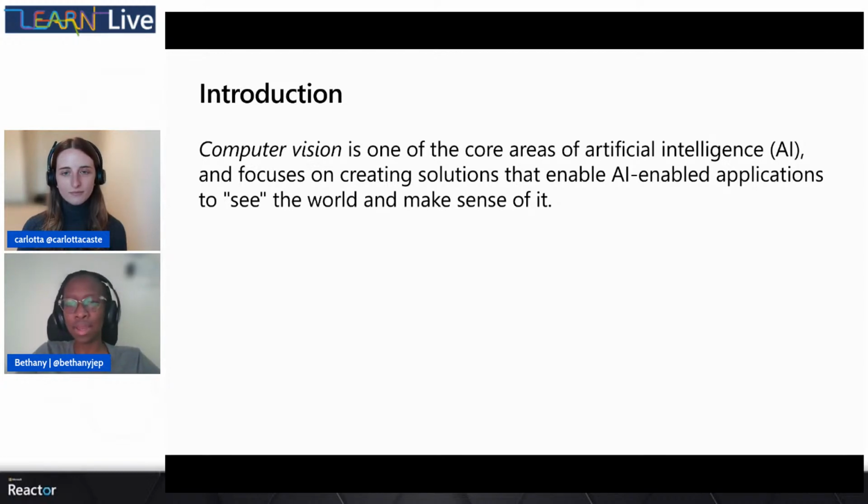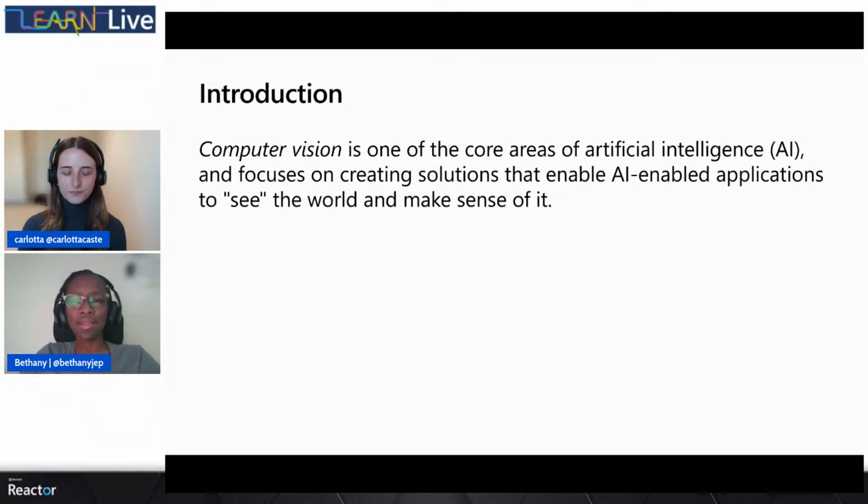This ability enables them to get the key details and emulate human vision. So they can emulate how you see the world, make sense of what is in the images, and give us different results. Computer vision is very applicable in our day-to-day lives and also in the industry.